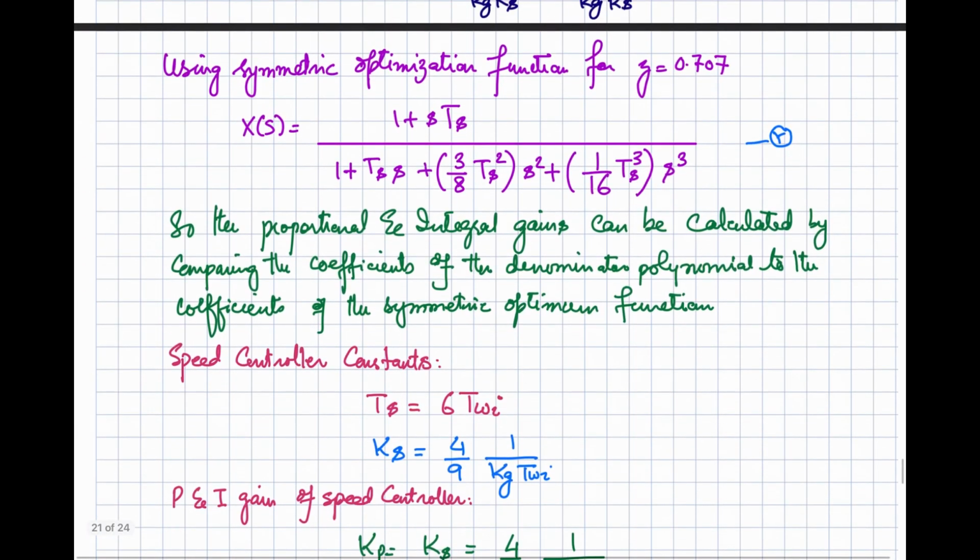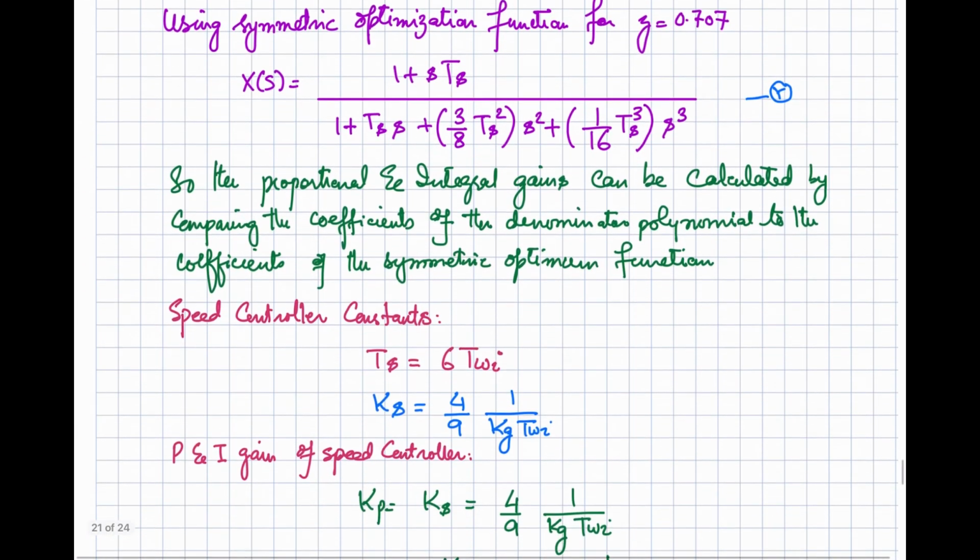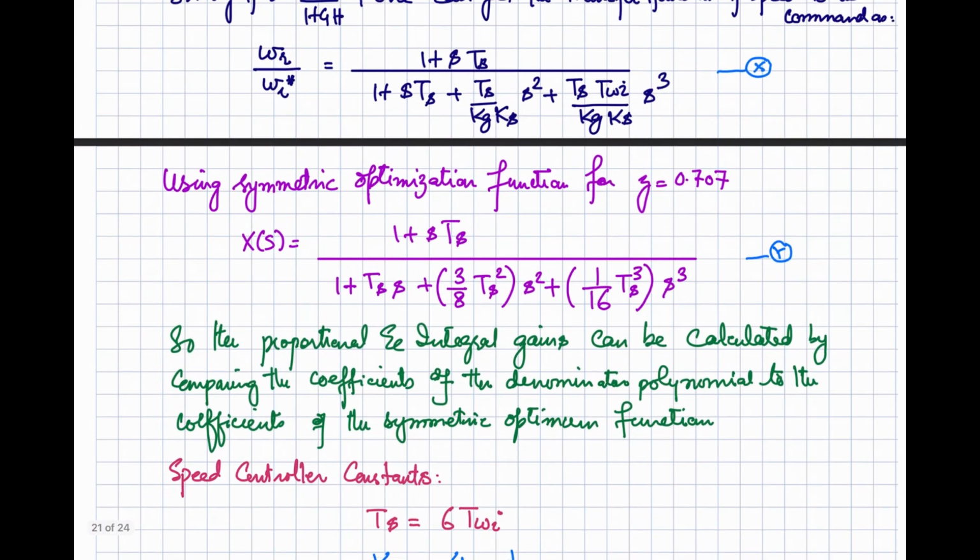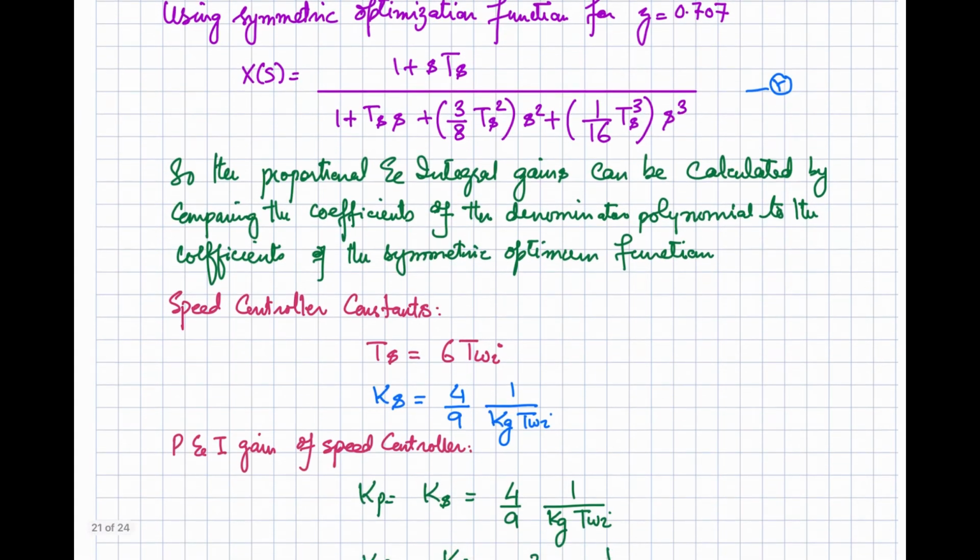So by comparing these two, you can find out the coefficients by comparing the terms, right? So the s square term and the s square term will be compared, the s cube term and the s cube term will be compared, and by the comparison you can say that ts is equal to 6 times t omega I, and the ks is given by this expression.